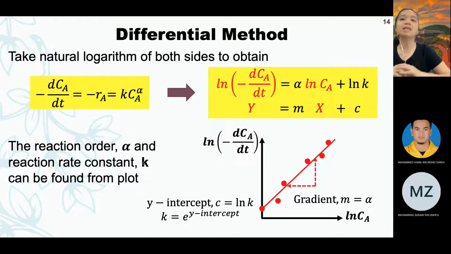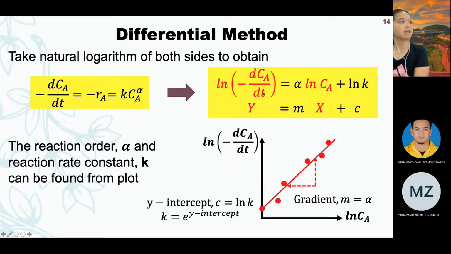Solely sebab kita nak dapatkan persamaan dalam bentuk linear, which is in the form of y equals to mx plus c. Bila kamu dapat linearkan equation tu dalam bentuk y equals to mx plus c, you will be able to plot a straight line plot. So in order to do that, kita akan lonkan kedua-dua belah. So when you ln on your left hand side, you will get ln in bracket negative dCA per dt.